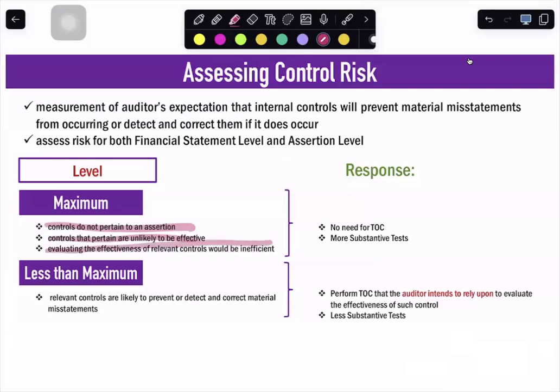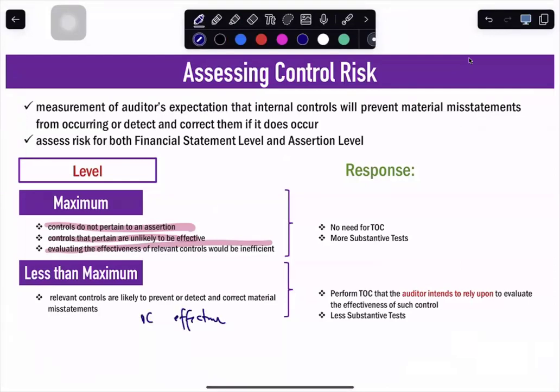Or evaluating the effectiveness of relevant controls would be inefficient, such that, let's say, the total transactions of the entity is so small, then do not do tests of controls. Then just do substantive testing. But if that is less than maximum, then we say that the internal controls are effective.